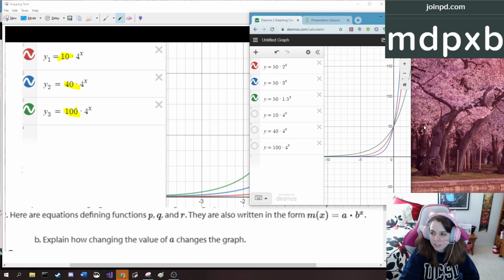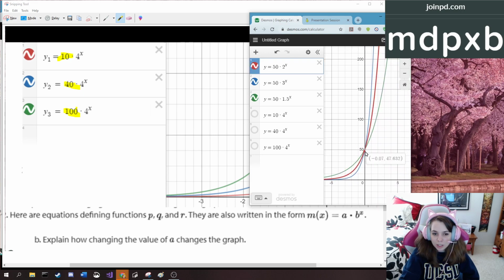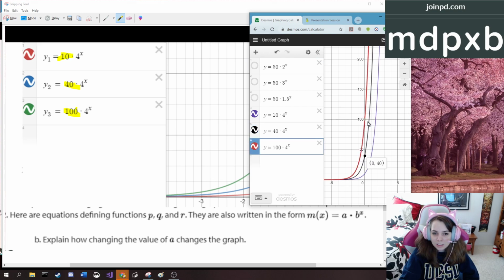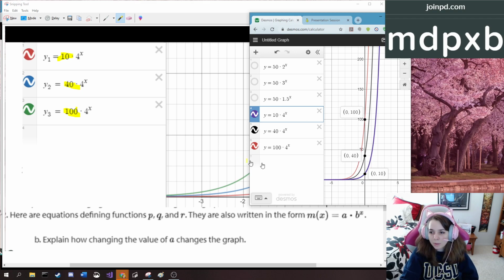Some were more flat, some were more curved, and they all intersected at the same starting point. However, if we give them the same rate and different starting points, these lines are never going to intersect. And the shape of them stays the same. It's just they're a little bit more to the left.